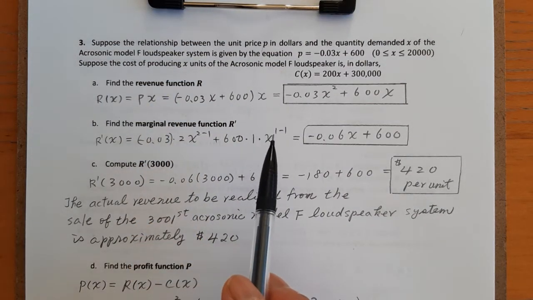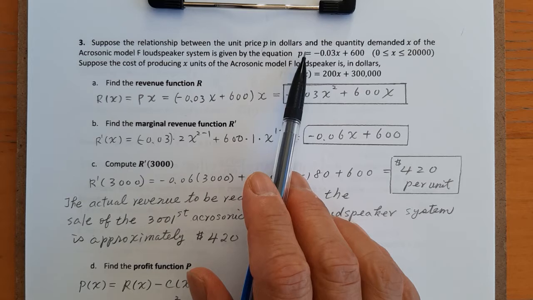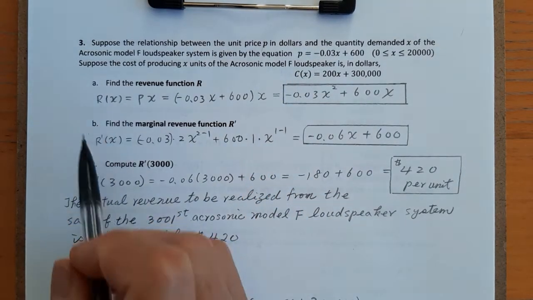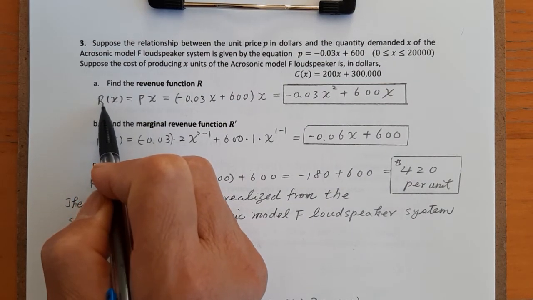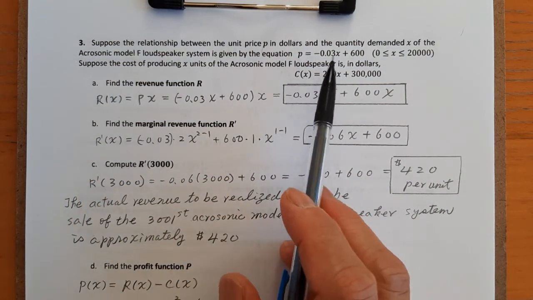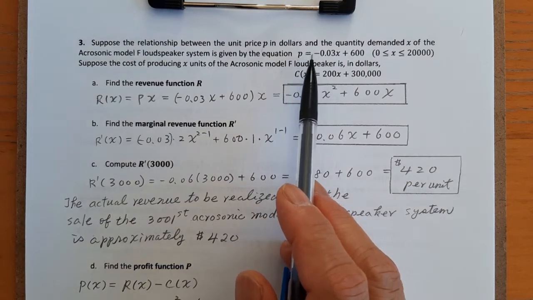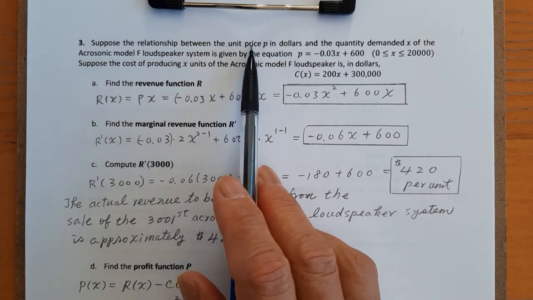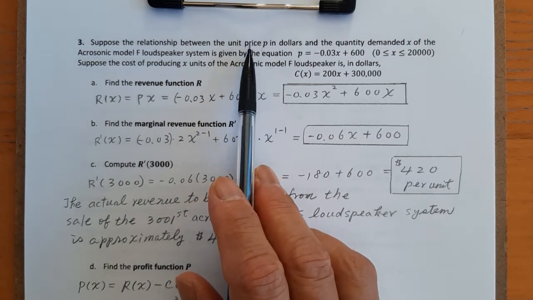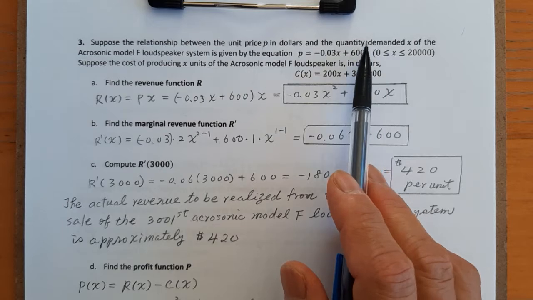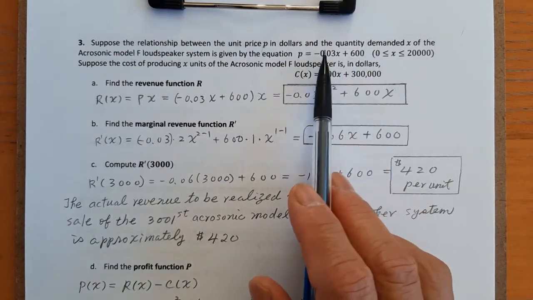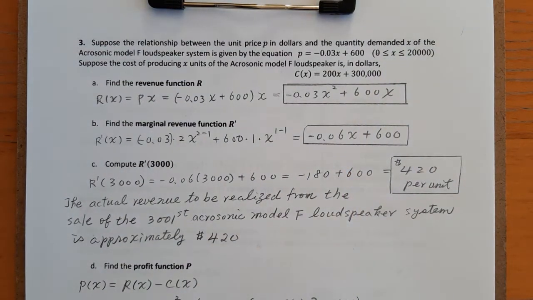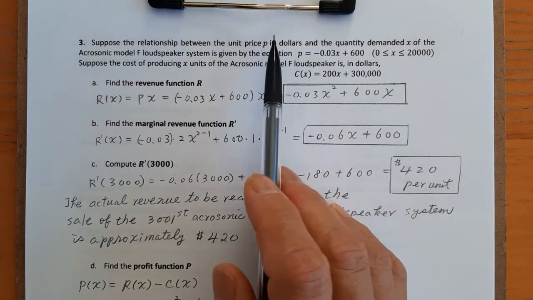Revenue function is each unit's price P dollars times the total X units. P is the selling price, each selling price is P dollars, and the quantity demanded is X units, which means you can sell X units, and each unit sells for P dollars.